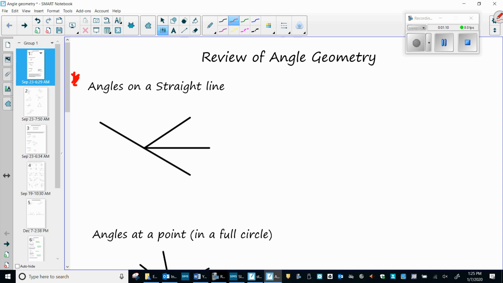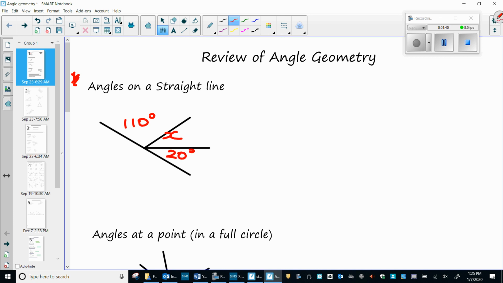So this here, angles on a straight line, would be your geometrical reason for a given calculation. Often a question will say, what's the value of something giving geometrical reasons? For example, this might be labelled as 110 degrees, this may be labelled as X, this may be labelled as 20 degrees.